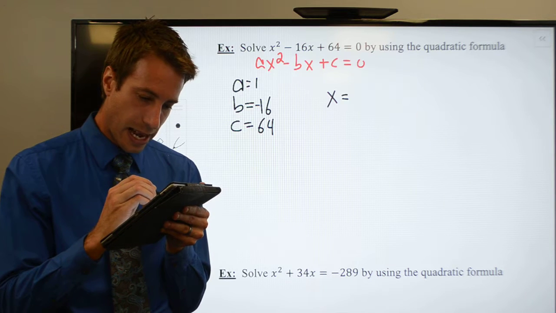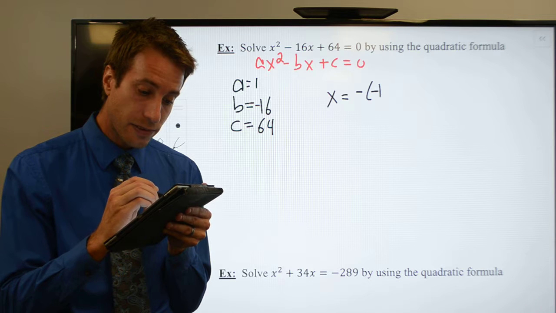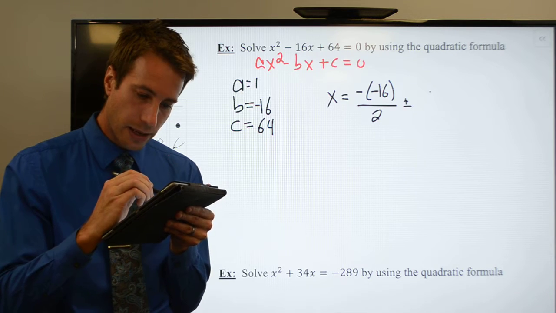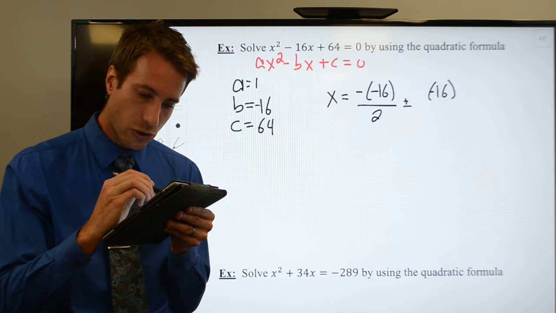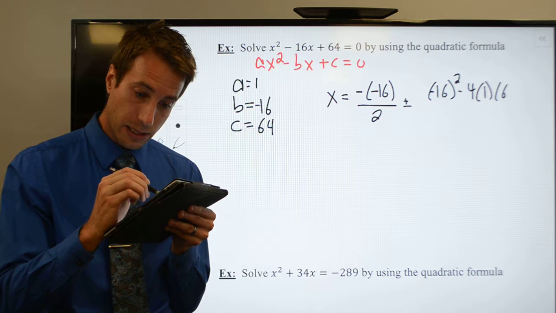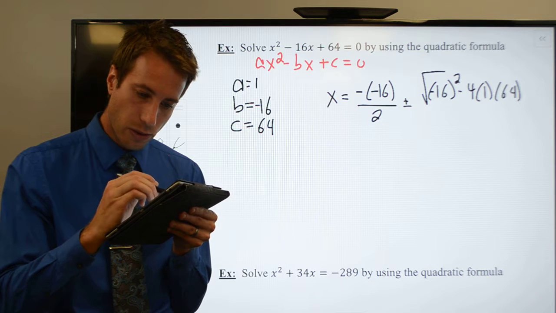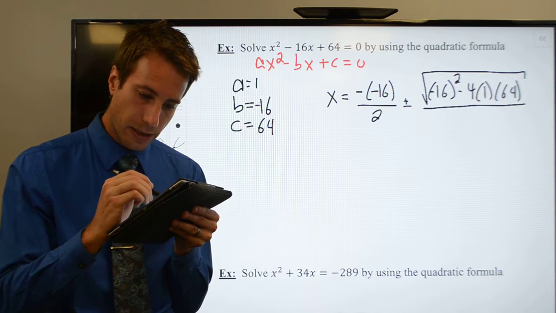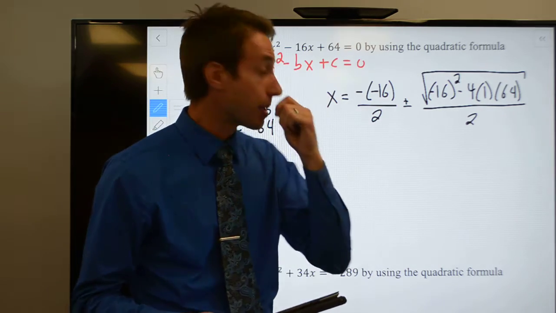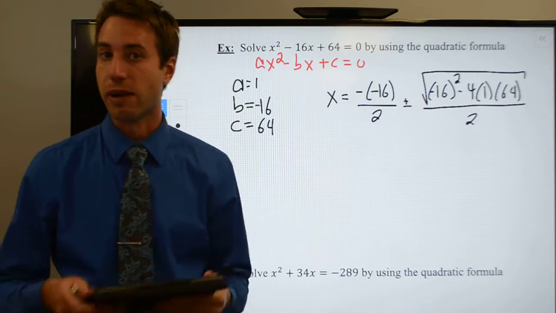X equals a negative of a negative 16 all over 2 plus or minus the square root of negative 16 squared minus 4 times 1 times 64, all of that divided by 2. And here's what we wind up with. A negative of a negative is going to be a positive 16. 16 divided by 2 would be 8.